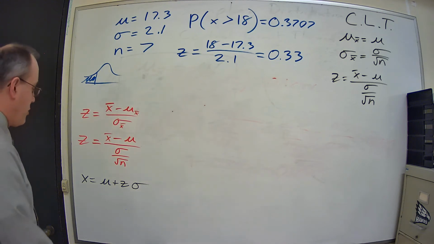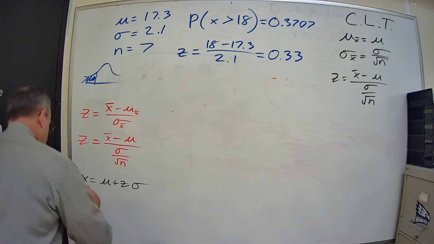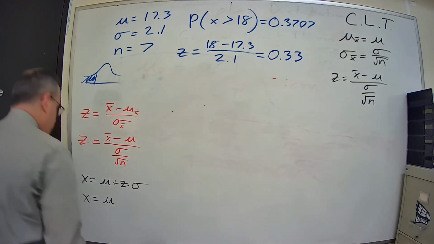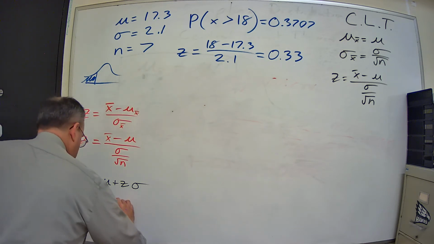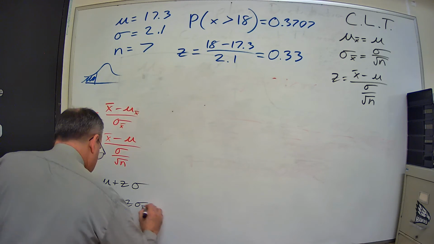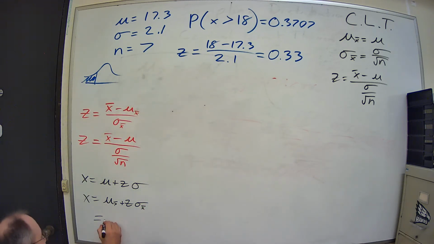Well, now I'm going to do the same substitutions in here and say that x is equal to mu of x bar plus z times sigma of x bar.